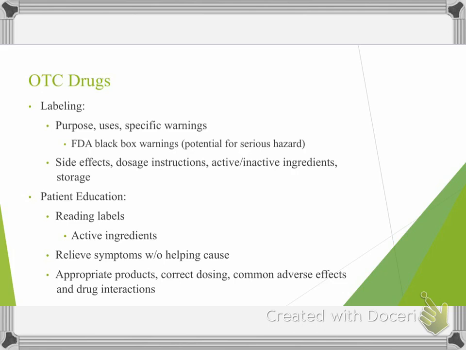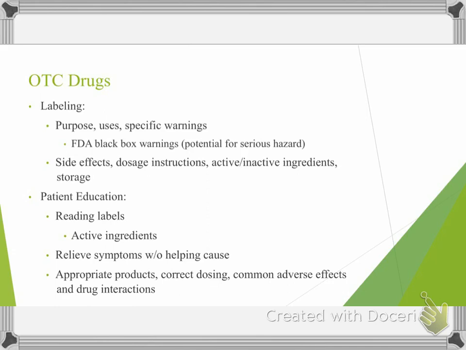If the FDA notices that there's a trend with a certain medication, they will require that there's a black box warning placed on the prescription. Side effects of over-the-counter medication: ibuprofen has a black box warning. The label has to have the dosage instructions, has to list the active and inactive ingredients, and how to store the medication.